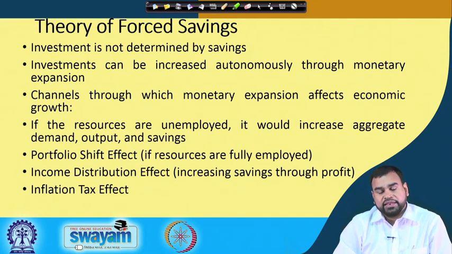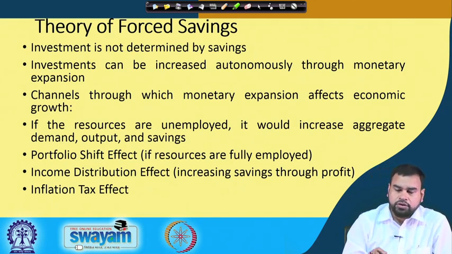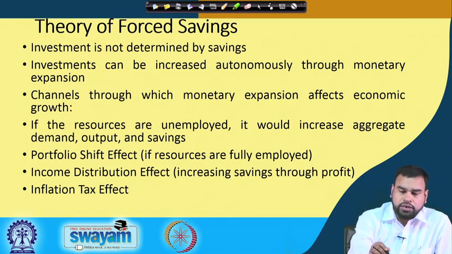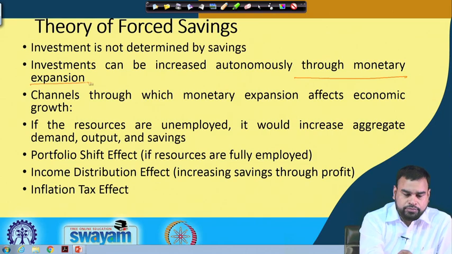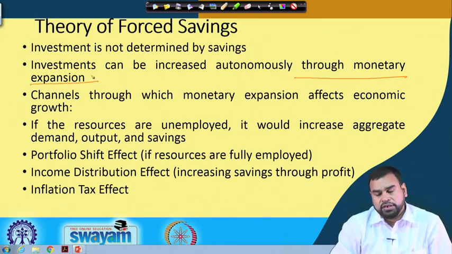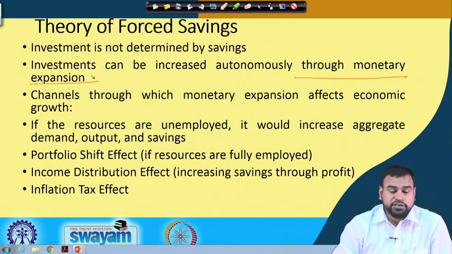So, how can the investment change? The investment can change autonomously through monetary expansion. Because this theory was given by Keynes and Tobin, they believe that the money supply can be exogenous.